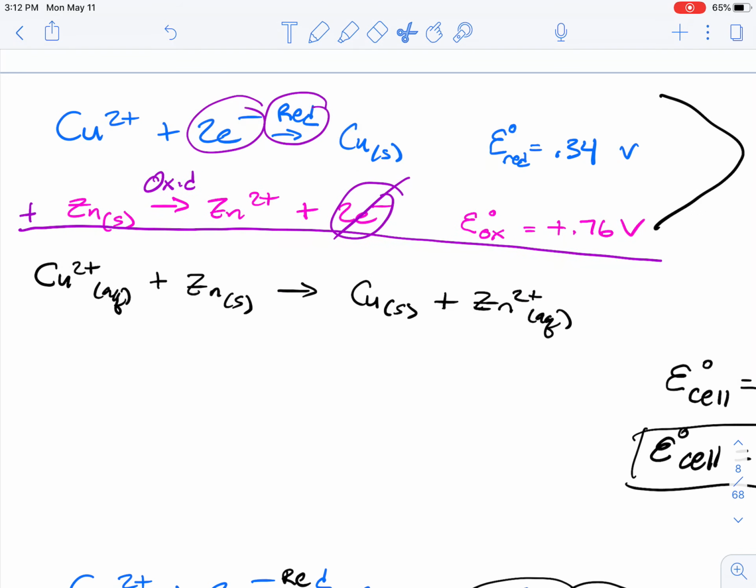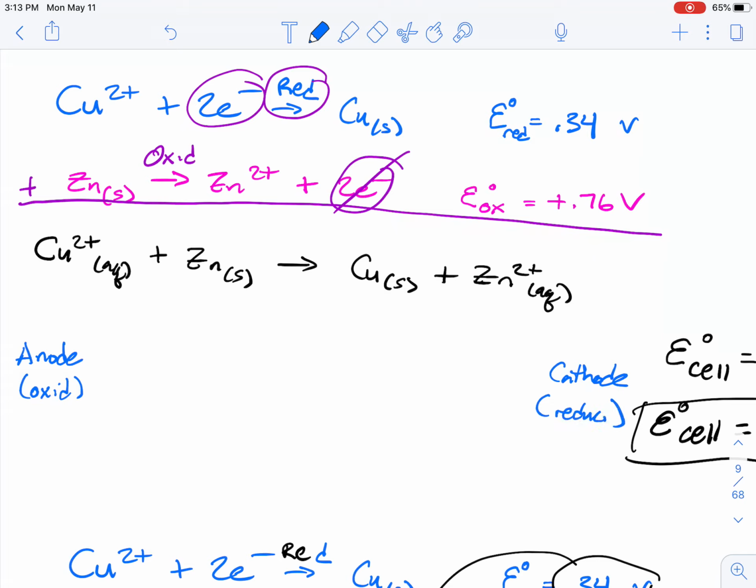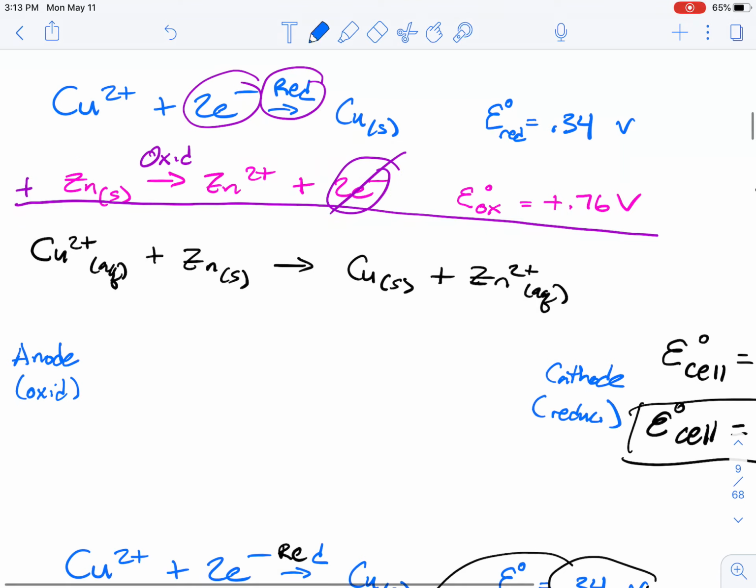So if you guys want to write a cell notation, then we want to make sure that we write our anode, which is the site of oxidation, on the left-hand side, and then cathode is going to be found on the right-hand side, so this is going to be reduction. So looking at oxidation, which is this guy right here, the first thing that we see on the reactant side is the solid. So this is going to be zinc solid.